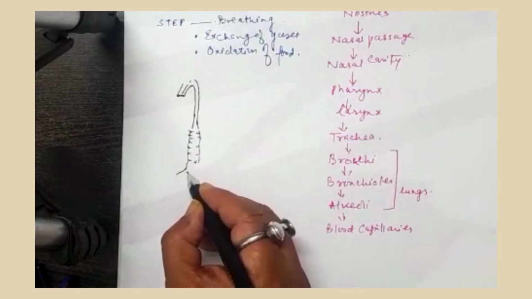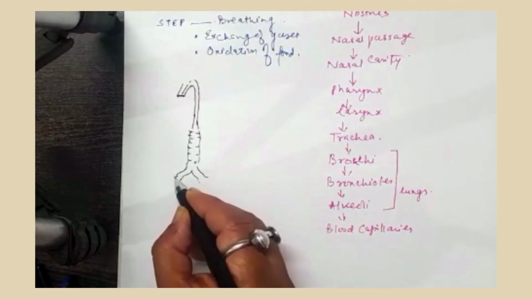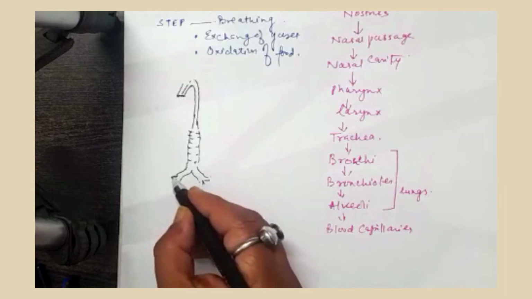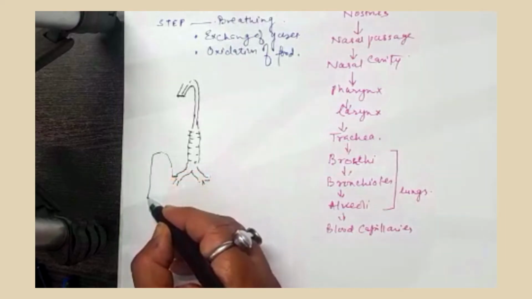It now divides into bronchi and bronchioles, which enter into the lungs, like this.